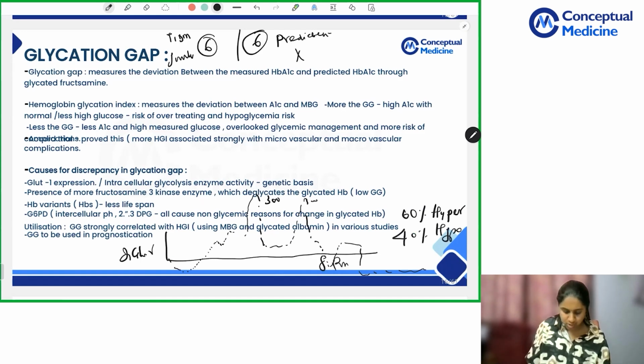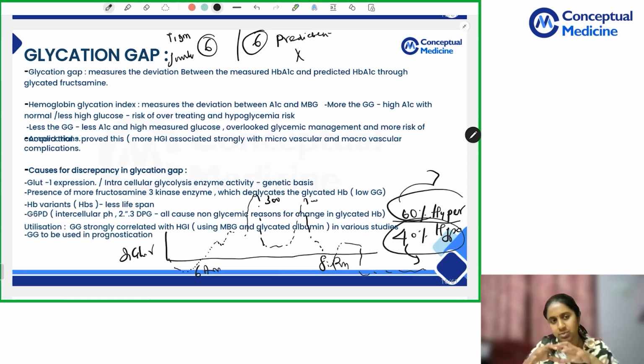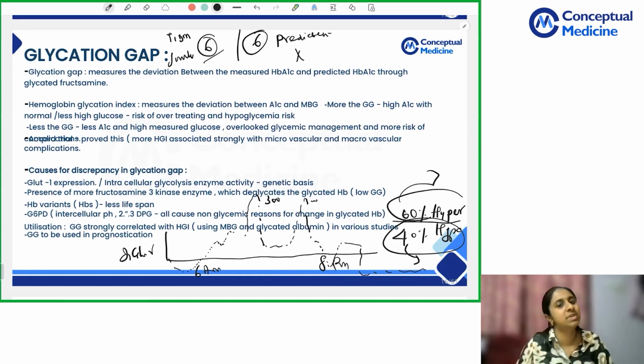Imagine 8 p.m. to the next morning 6 a.m., the patient was hypo only. Since half of the time is spent in hyper and half of the time in hypo, with no normal ranges in between, you can get an average HbA1c of 6. Just by looking at the HbA1c of 6, you will think the patient is well controlled, but actually the patient is not controlled at all.